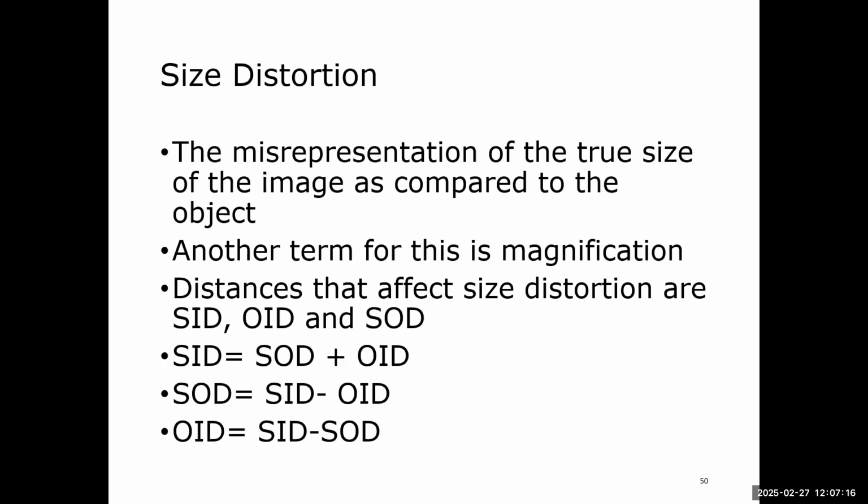So when we talk about size distortion, we're talking about magnification. The distances that affect that are your SID, your OID, your SOD. And we know that these formulas are just based on if we have 2 out of the 3, we can figure out the third. SID is made up of the source to object plus the object to image. That makes up your source to image.